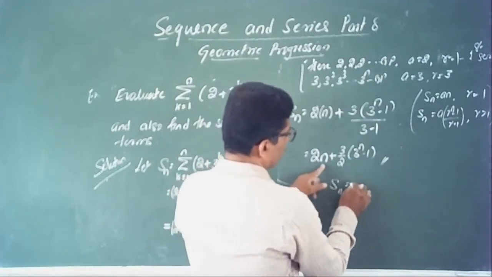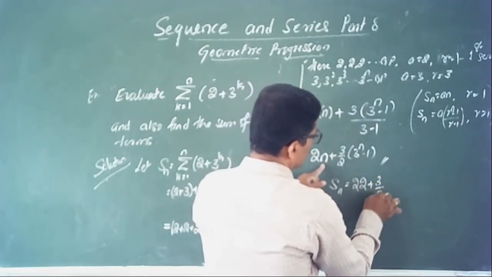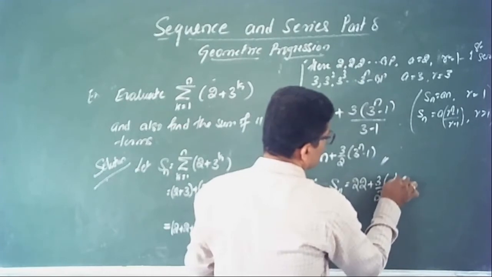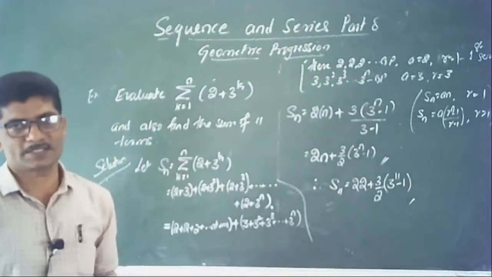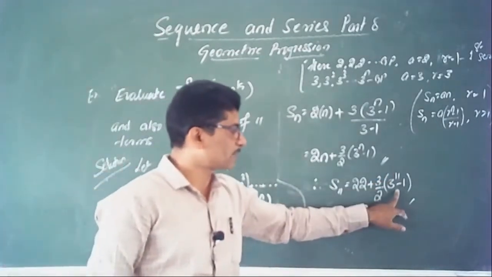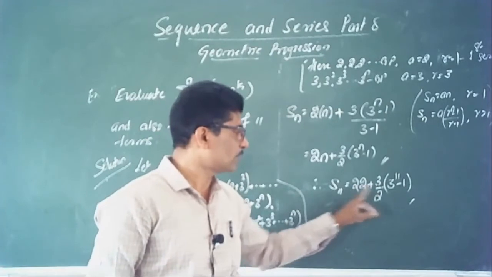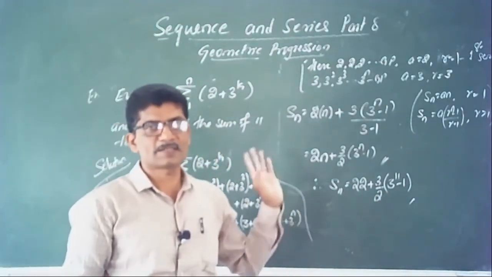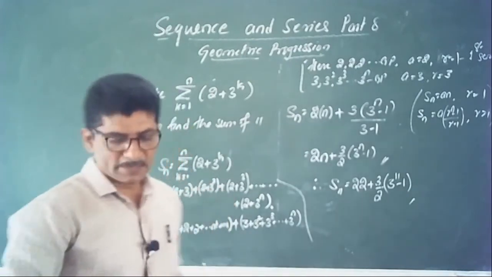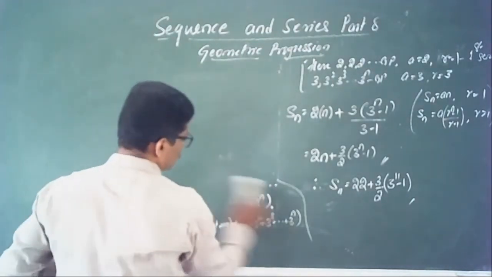N equal to 11, 2 into 11, 22, plus 3 by 2 into 3 raised to 11 minus 1. You can simplify or put as it is. Calculate 3 raised to 11, minus 1, multiply by 3 divided by 2, adding these two you get the sum of the first 11 terms using a simple calculator. Similar problems are usually asked as 4 mark questions.